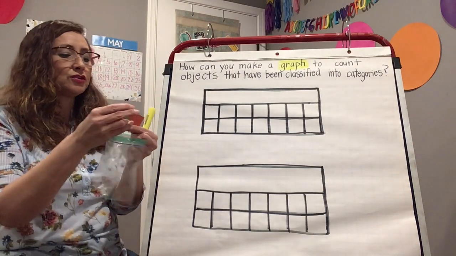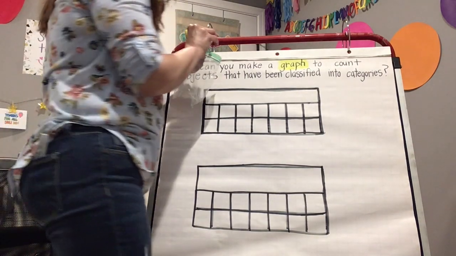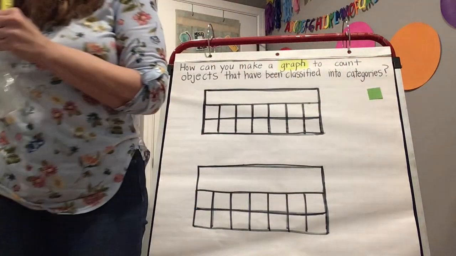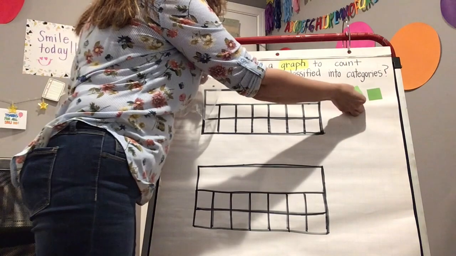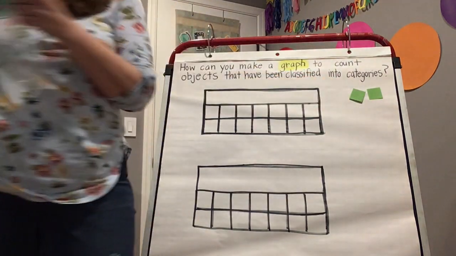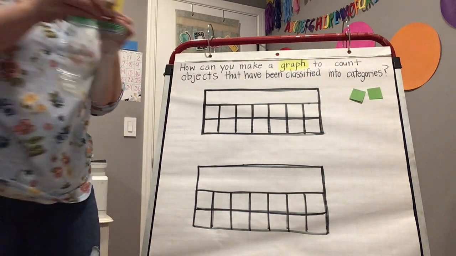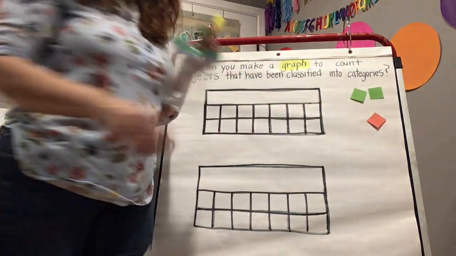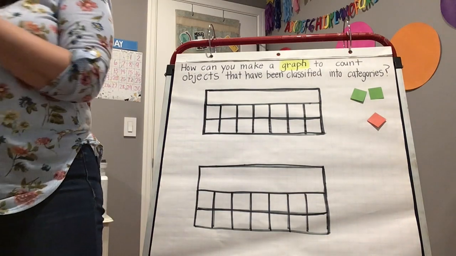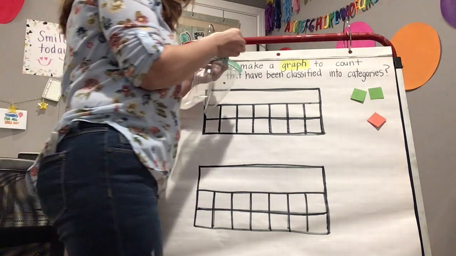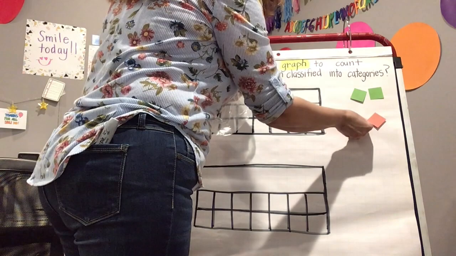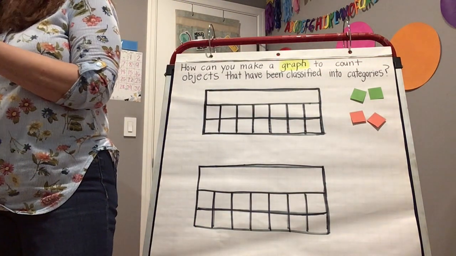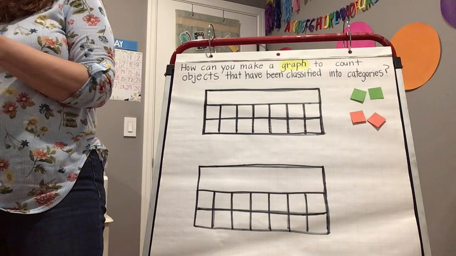So maybe what I could do is sort them by color. I'm going to put them here and sort them. So here's a green, and I have another green, and I have an orange here, and I have another orange here, another orange cube here, and I have a few more cubes here.